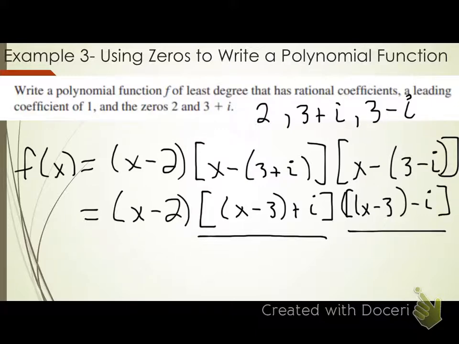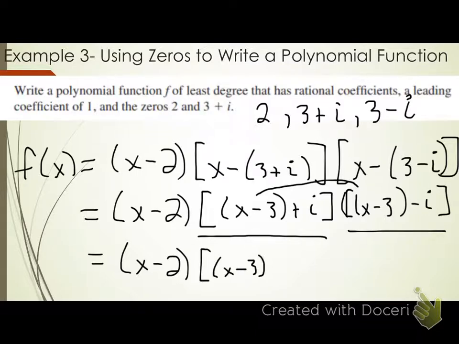So I can now do x minus 3 times x minus 3, which would give me x minus 3 squared, x minus 3 times negative i, and then i times x minus 3 would give me negative i times x minus 3 plus i times x minus 3.